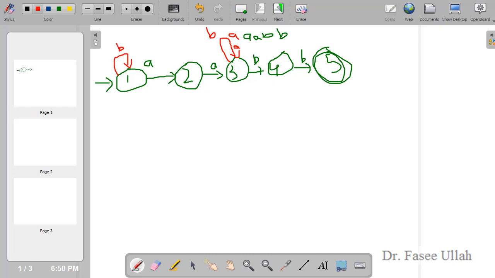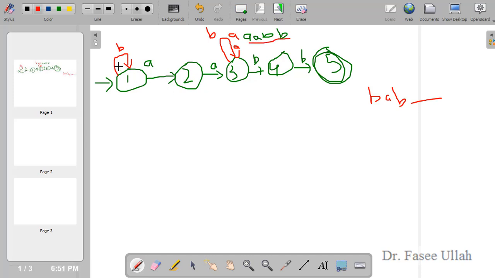Okay. Other than this, for example, the user says B A B, and the rest of this condition again, because we have to reach the final as well.